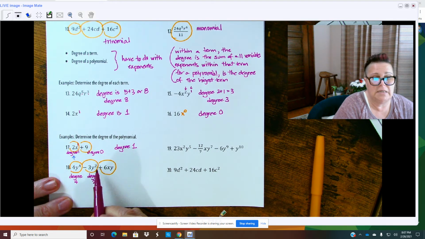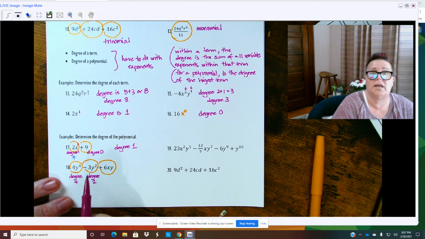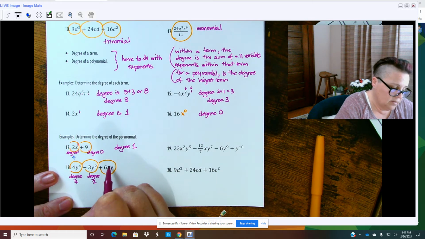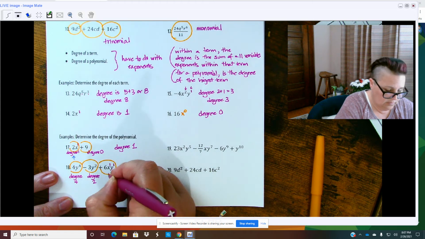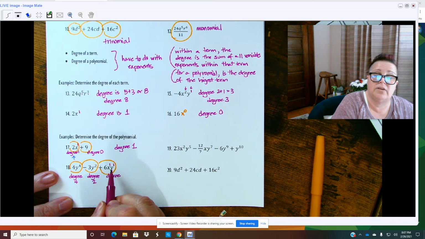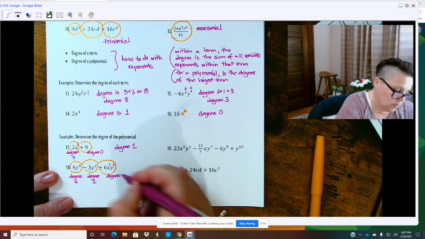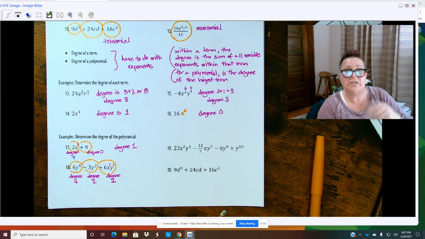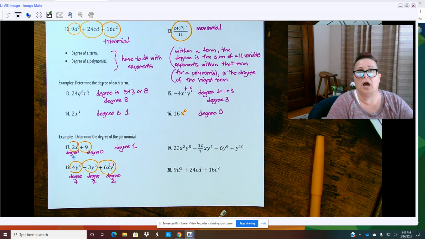The exponent is the degree. If there's more than one exponent, we add them up. 6xy, the x is degree 1, the y is degree 1. So when there's more than one variable, we add the exponents. This would be degree 2. So you have 3 terms here, degree 4, degree 2, and degree 2. Of those 3 terms, what's the highest degree?